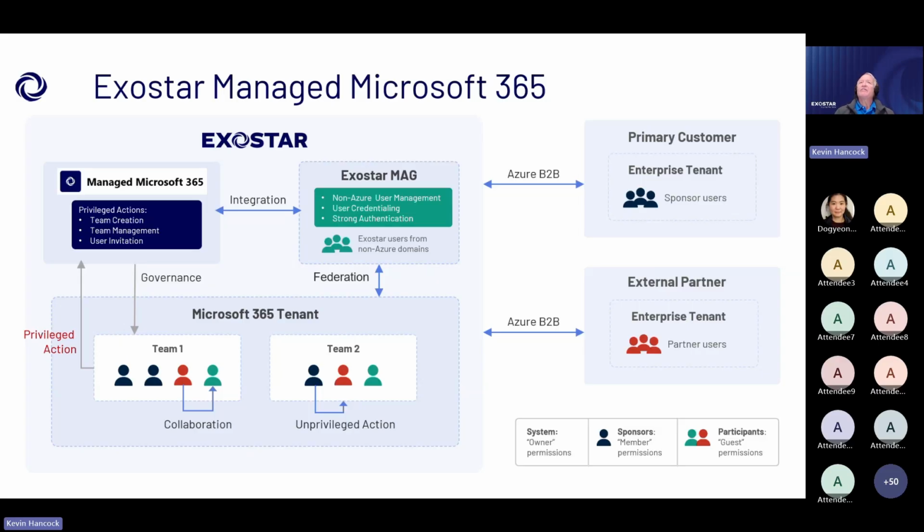And you're going to give them a particular role. That Exostar application creates custom roles to allow least privileged access, and to allow you to determine what teams that user should have access to.